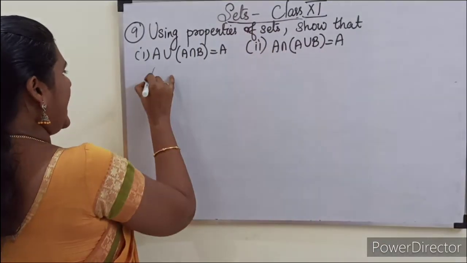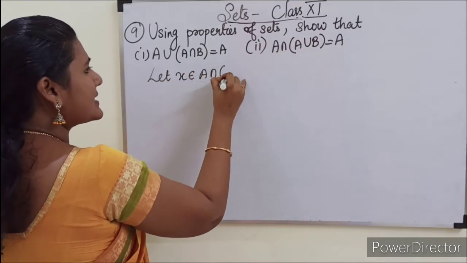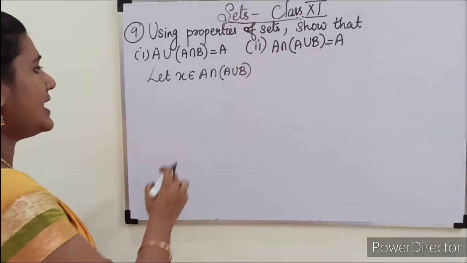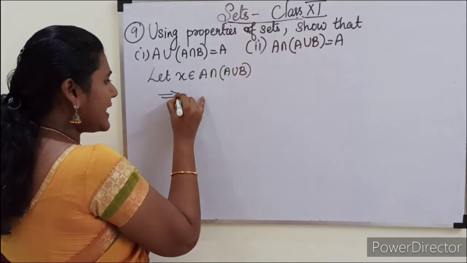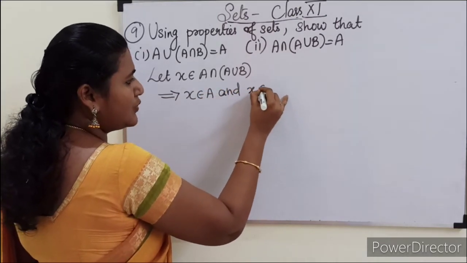So first we will take an element X belongs to A intersection (A union B). What is its meaning? Intersection means X belongs to A and X belongs to A union B.